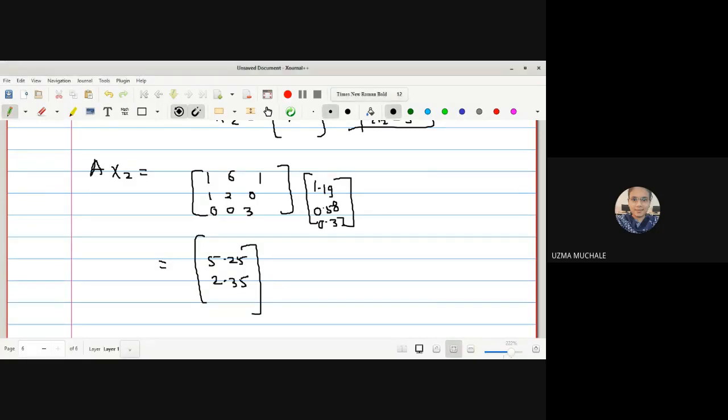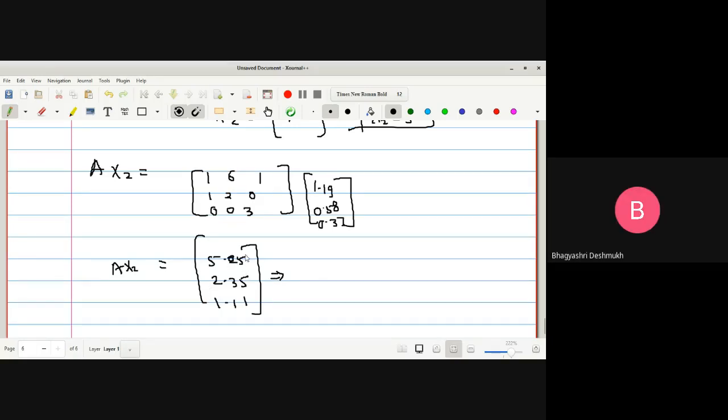Last entry. Is it correct? First one is 5.04.